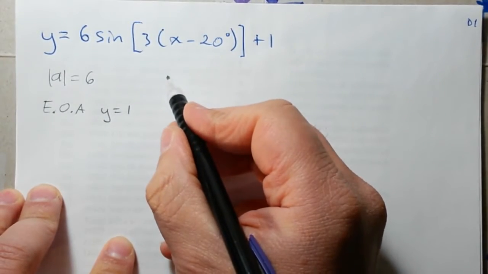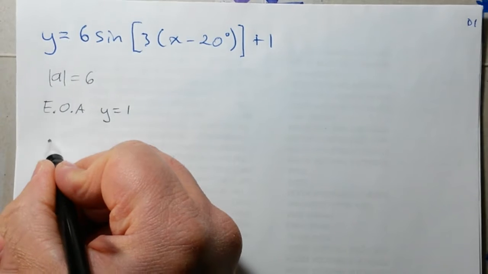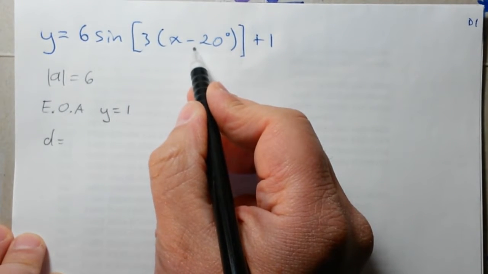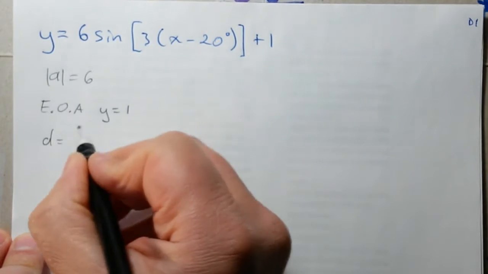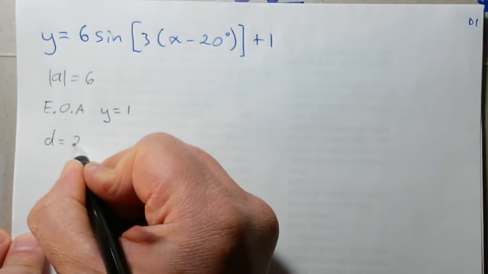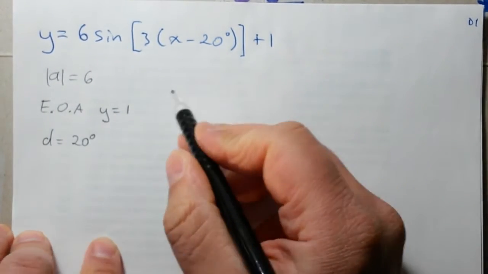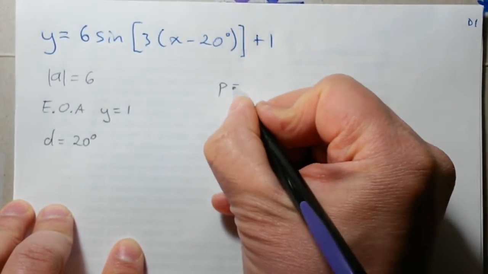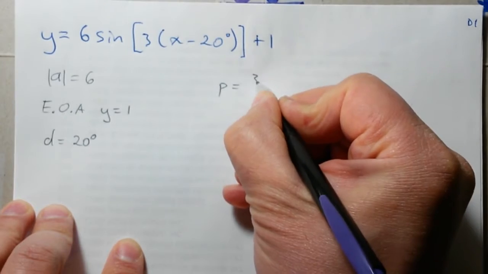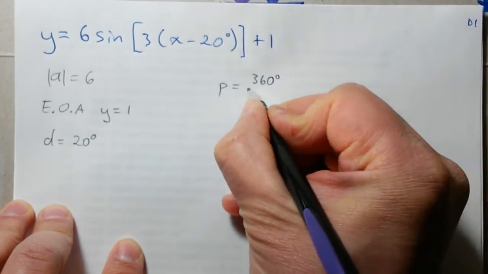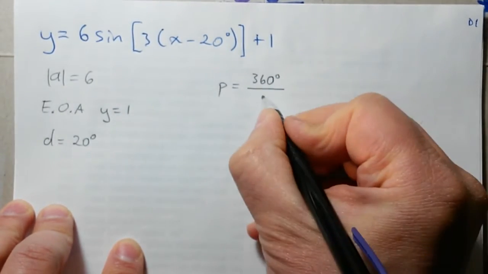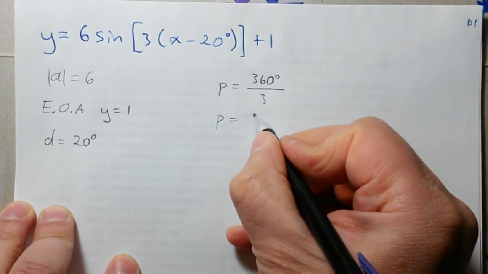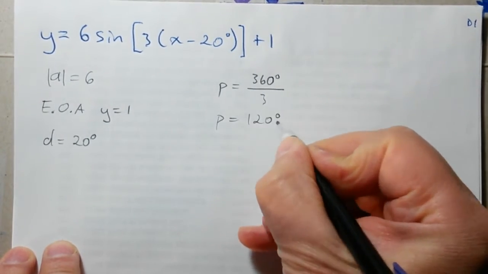Okay, the value of d will be, well, there's a shift to the right by 20 degrees. So that means d is equal to 20 degrees. And the period, now remember that the period is equal to 360 degrees divided by k, and k happens to be 3. So p equals 360 degrees divided by 3 gives us 120 degrees.